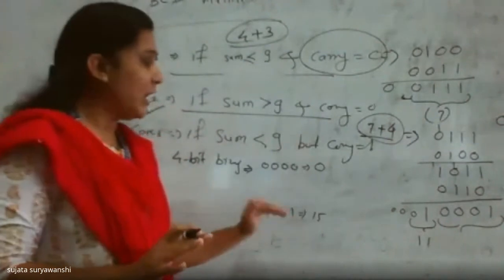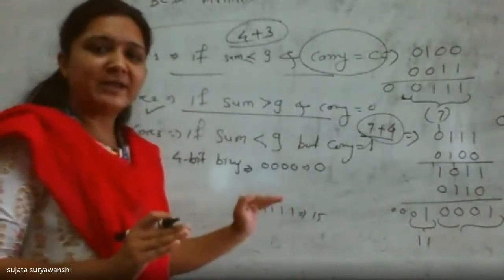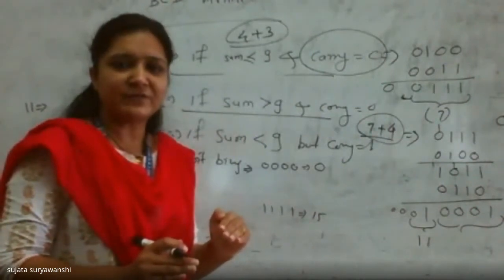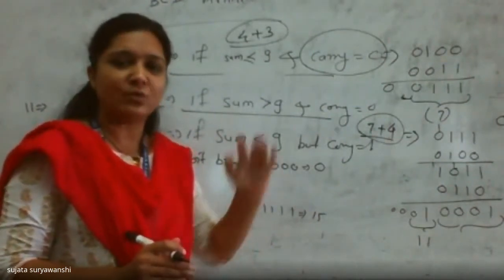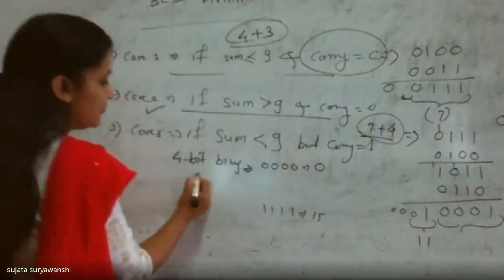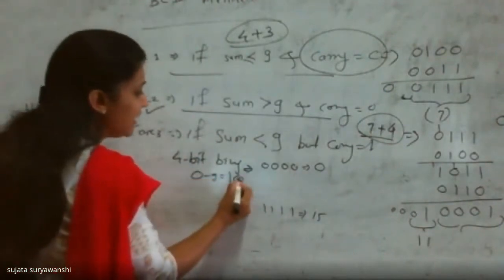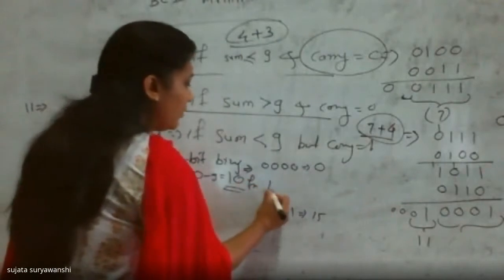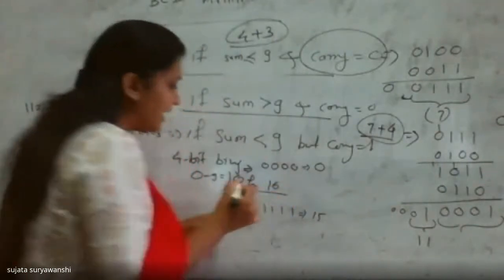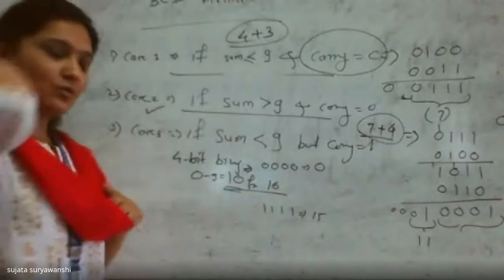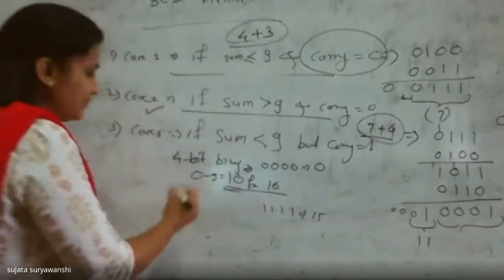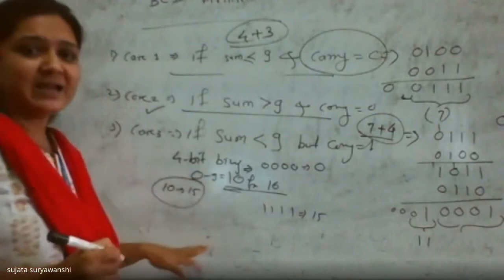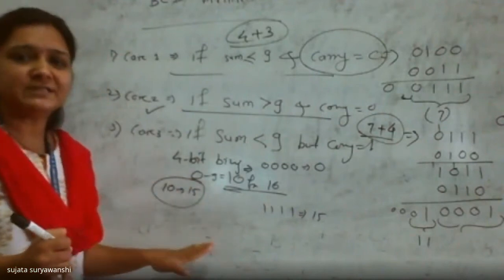Understood? So out of these, valid BCD numbers are only from 0 to 9. As I told in the previous lecture, the valid BCD numbers are only from 0 to 9. So 0 to 9 means a total of 10 combinations are valid out of 16. Beyond 9, from 10 to 15, all the combinations are invalid in case of BCD.